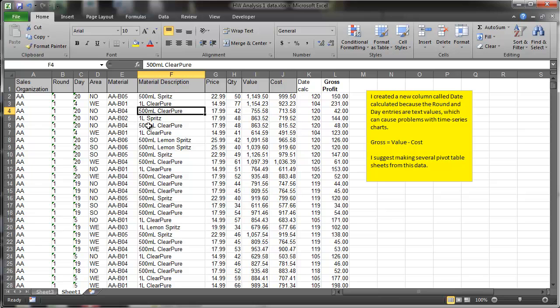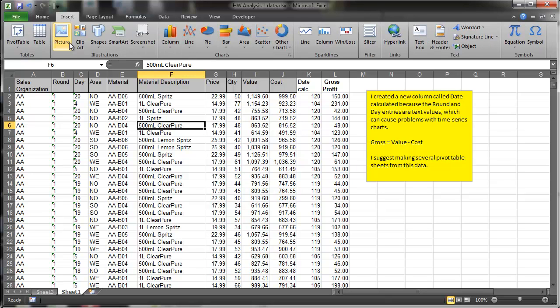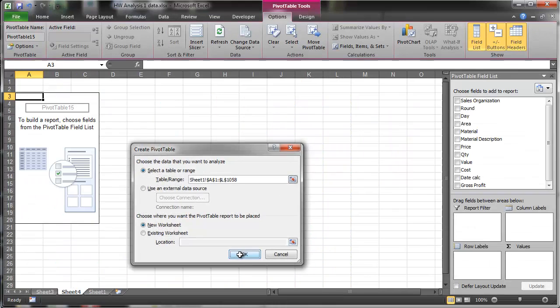I want you to get used to pivot charts. Let's look at this next question, which is the probability that the price of half liter clear, pure is between $19 and $20. Let's insert another pivot table.